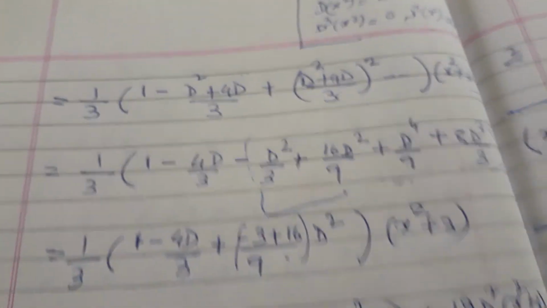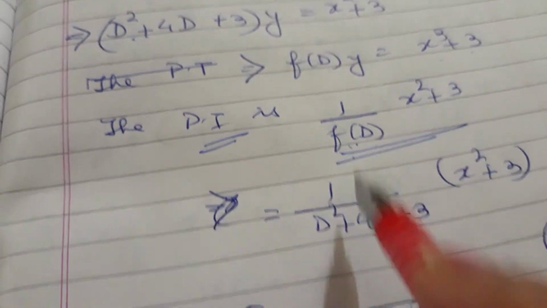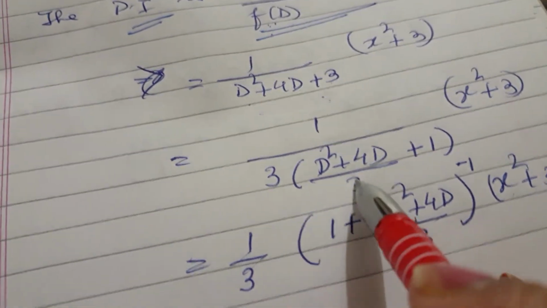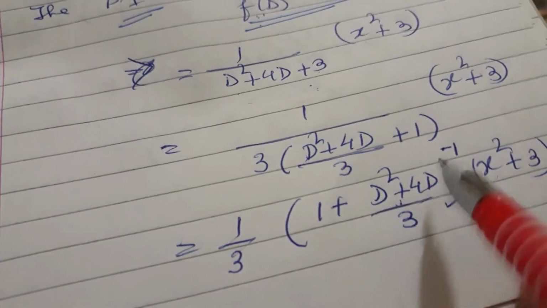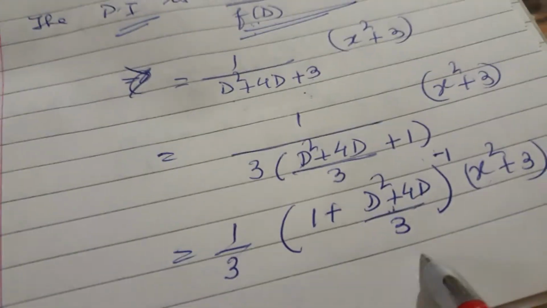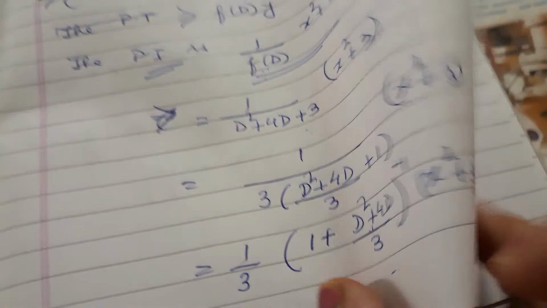Have you understood? So what did we do? We expressed this f(D) in terms of 1 plus some function of D. We wrote it as 1 plus this, inverse. We broke it up like we do for our binomial expansion.